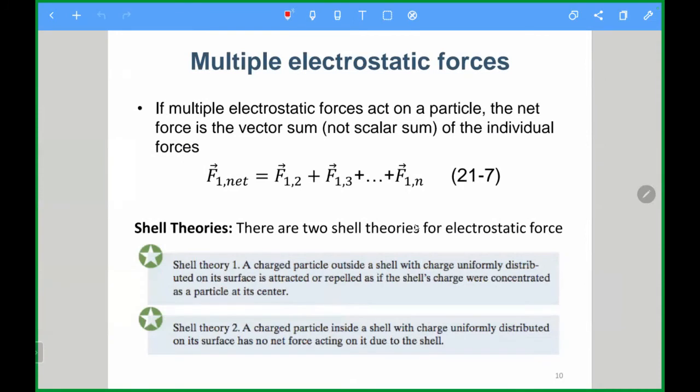If we have more than two charges and need to consider the electrostatic forces, then we need to consider them separately, which means if we have n charges, for example, 1, 2, 3, 4, this is Q1, Q2, Q3, Q4.